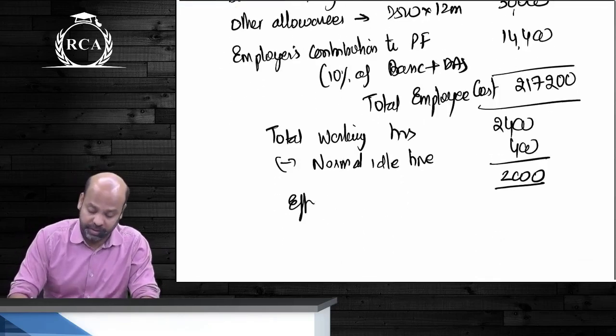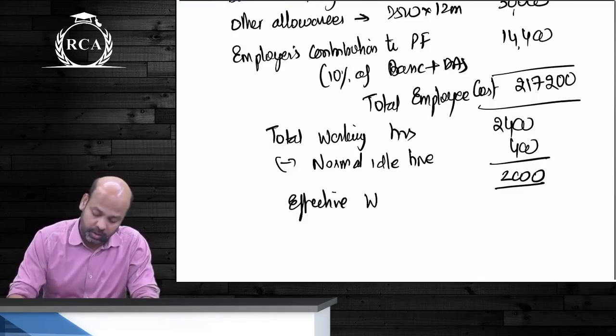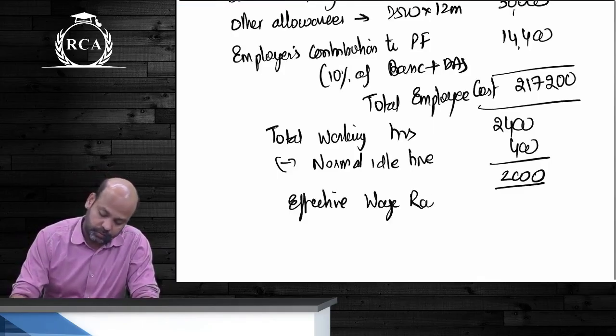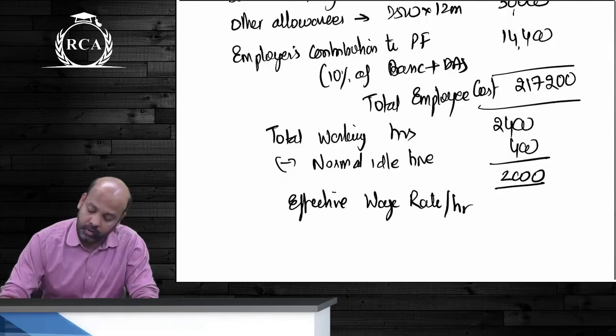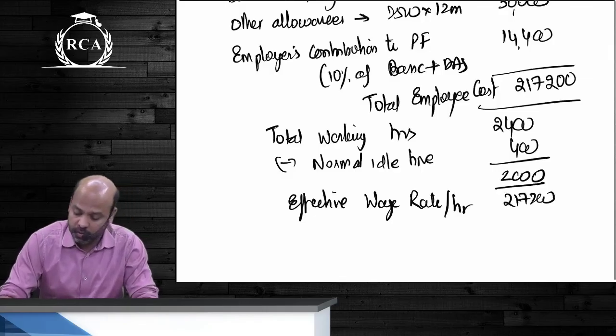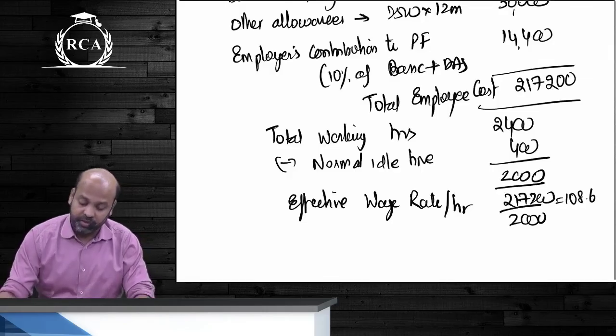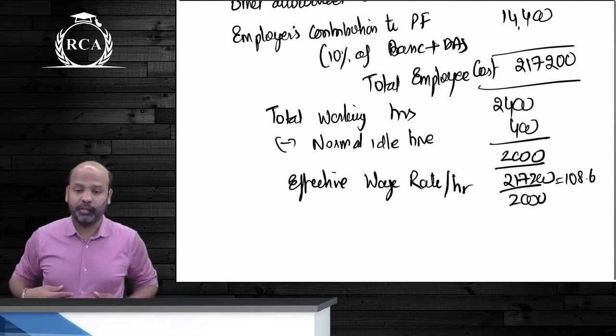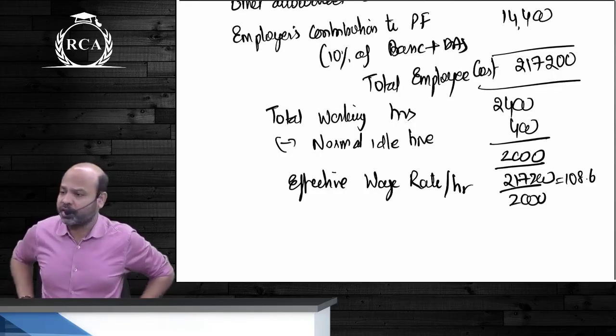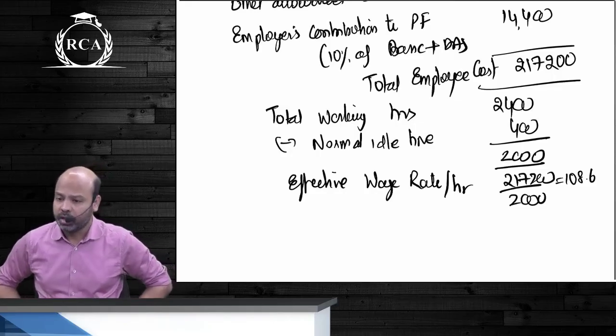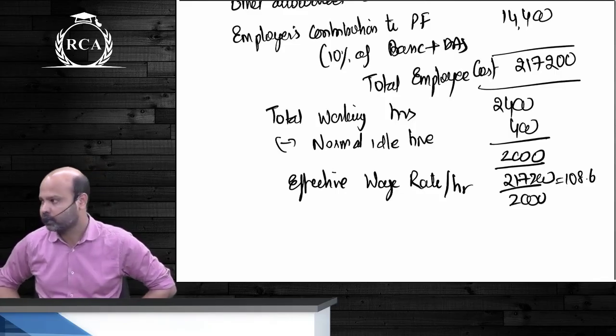So what will be the effective wage rate per hour? 108.6. So if this worker beta has worked 10 hours on product A, what will be the cost allocation to product A? 108.6 multiplied by 10 hours.